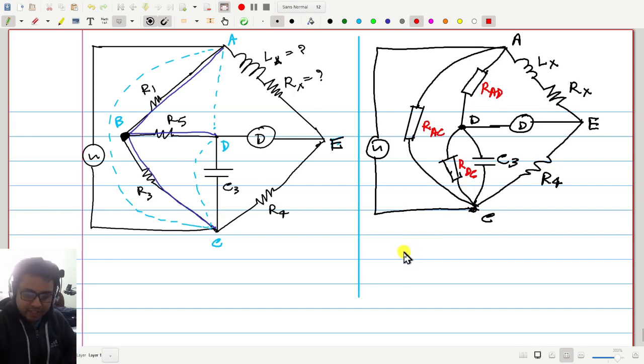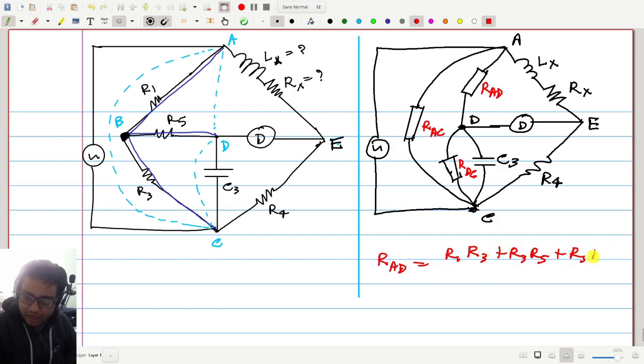So star to delta is AB, BC, CA, I mean all products by opposite one. So RAD will be R1 R3 plus R3 R5 plus R5 R1, whole divided by the opposite one. Opposite to this is R3. Fine?